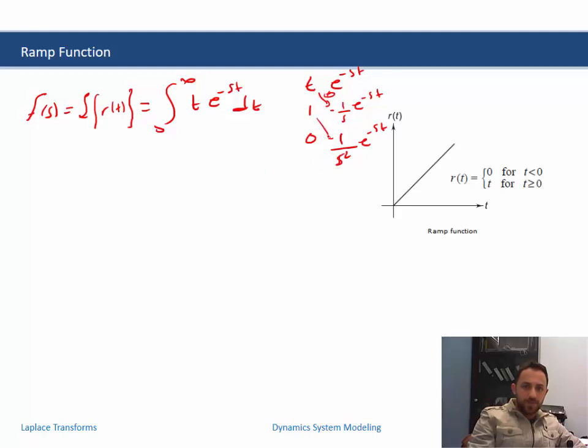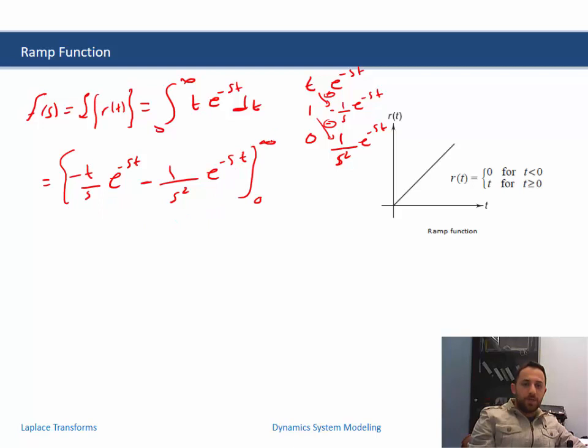This is positive, this is negative. So it is equal to minus t over s e power minus st minus 1 over s squared e power minus st. Okay, all bounded between 0 and infinity.